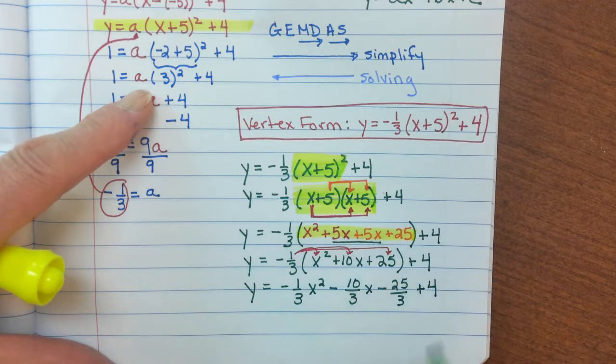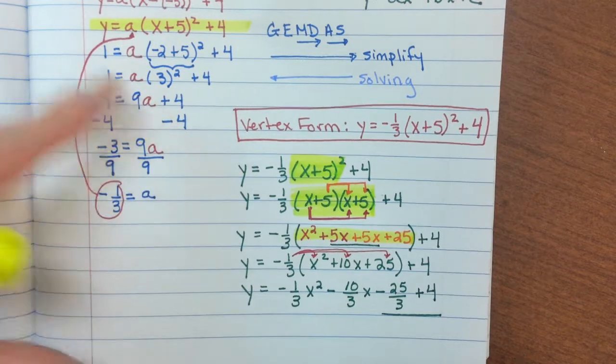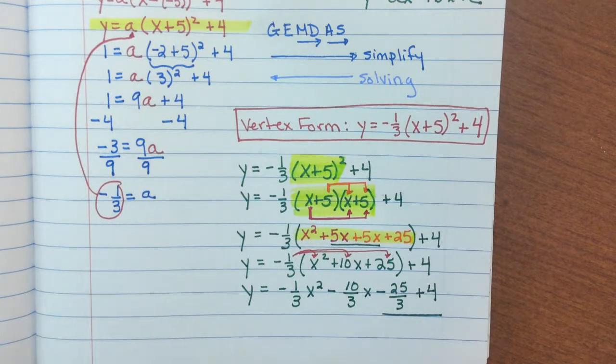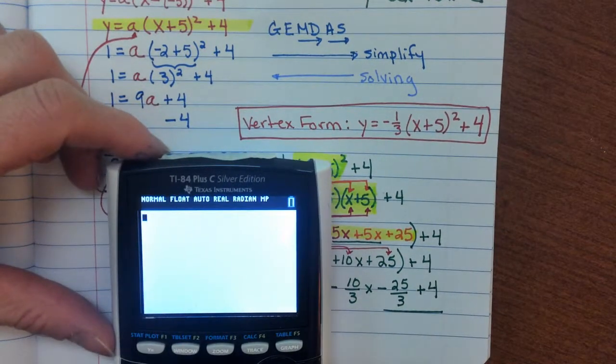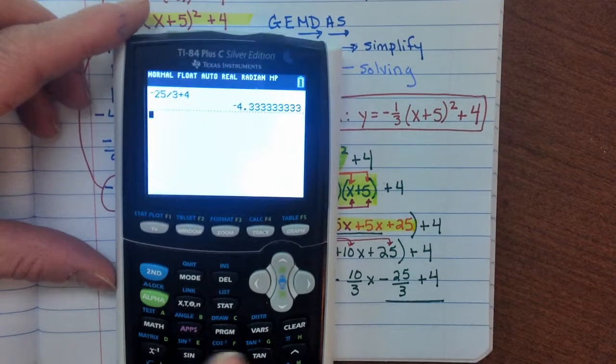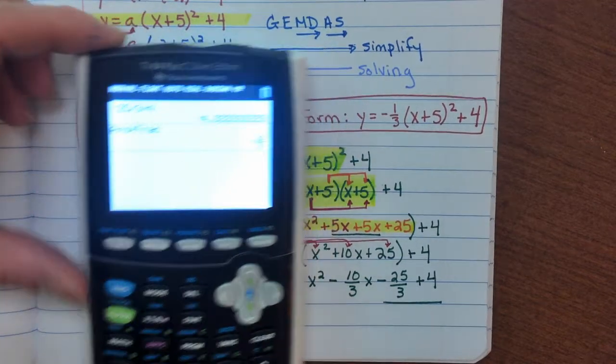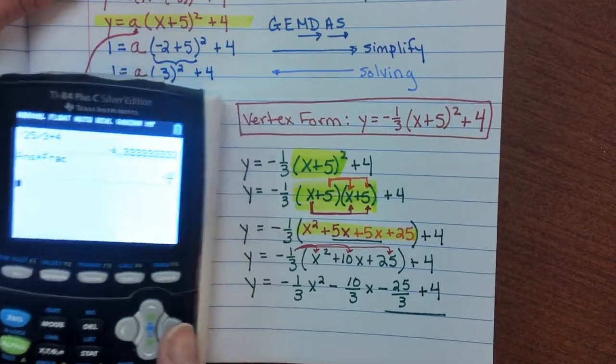I'm almost done. The last thing I have to do is combine my like terms, which is right here. If you're struggling with fractions, you can simply do this in the calculator. I'm just going to do it in the calculator for sake of time. Negative 25 thirds plus 4. Now I don't want a decimal response, so I'm going to do math and then frac, and it's going to give me negative 13 thirds.